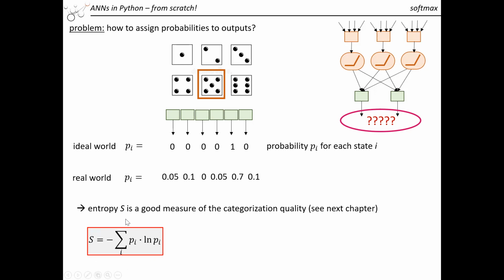But for now, it's okay if we just take this equation and see that we have these probabilities P for the different states i, and then we have the ln, so the natural logarithm in this case, of p_i, and then we can calculate this quantity, entropy. Again, I will explain this in more detail in the next chapter, but now let's just take this equation.